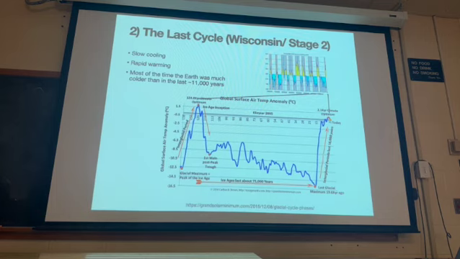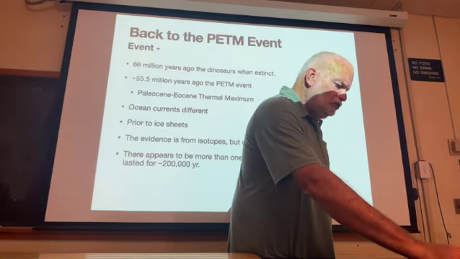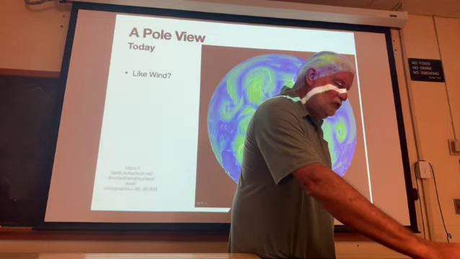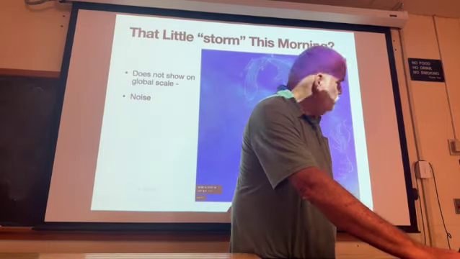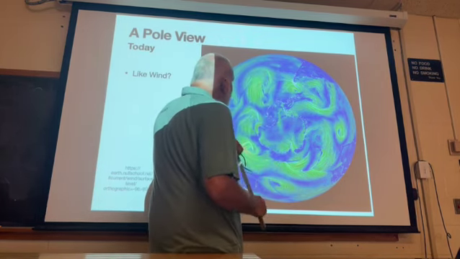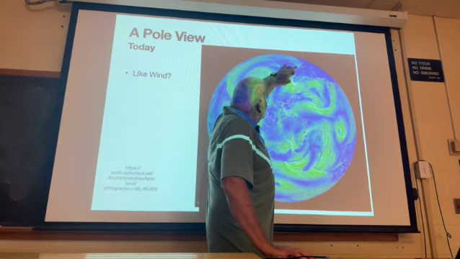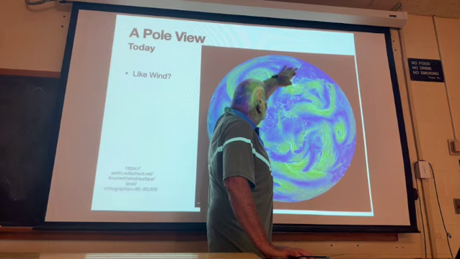But anyway, that belt of westerly winds, so there's one in either hemisphere, changes in and out of the ice age cycle. They don't change much. So if we go back to this, in the southern hemisphere, the westerlies are sort of in this part of Chile today.